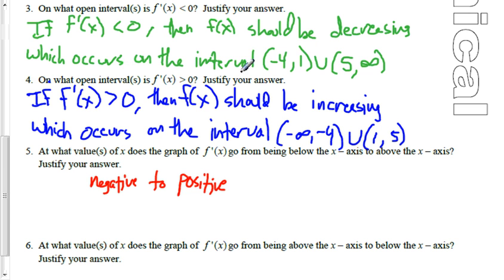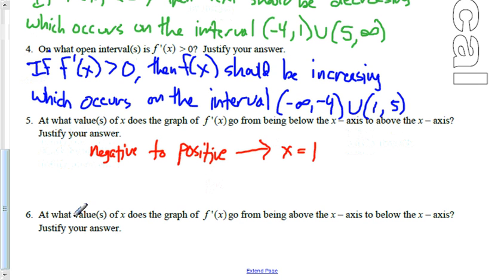Okay, and it looks like it starts at -4 all the way to 1, and then over here at 1, it begins being positive. So it looks like it's going to go from negative to positive at x equals 1.